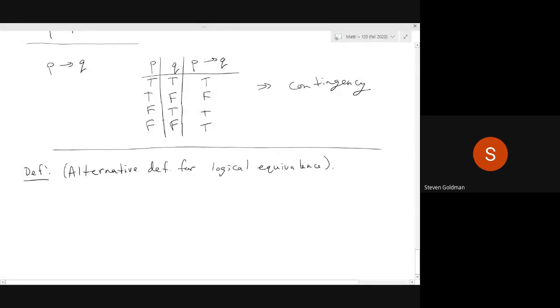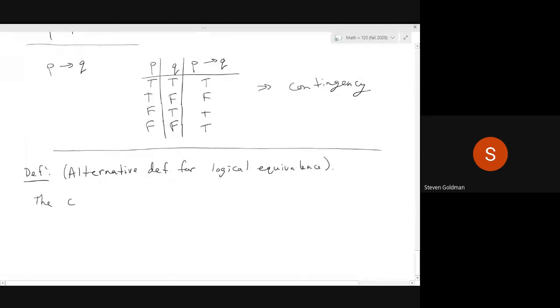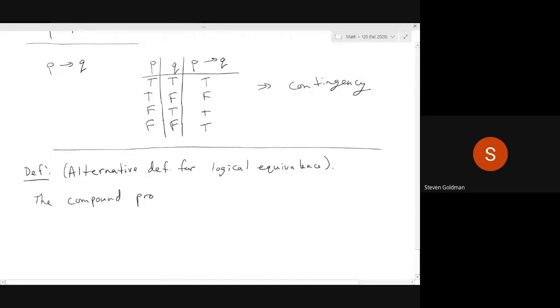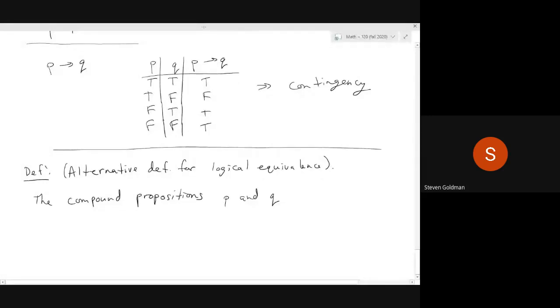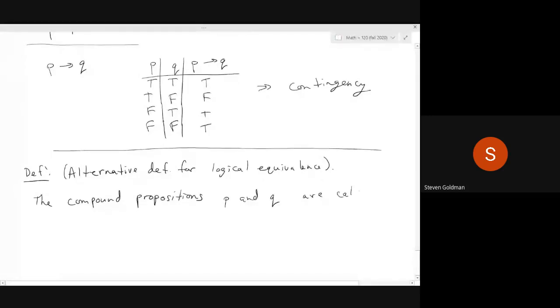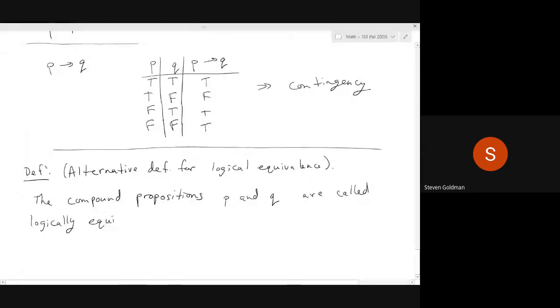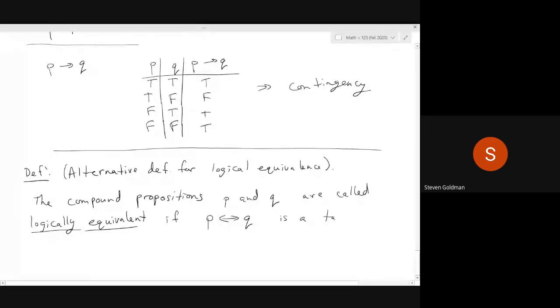The compound propositions P and Q are called logically equivalent if the biconditional statement P if and only if Q is a tautology.